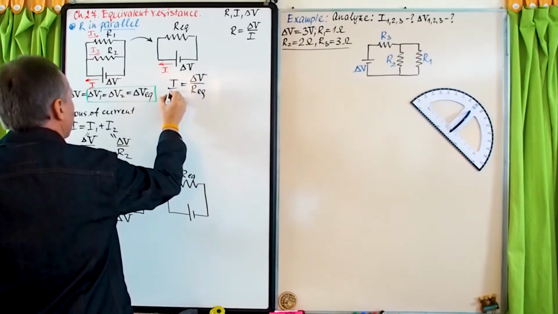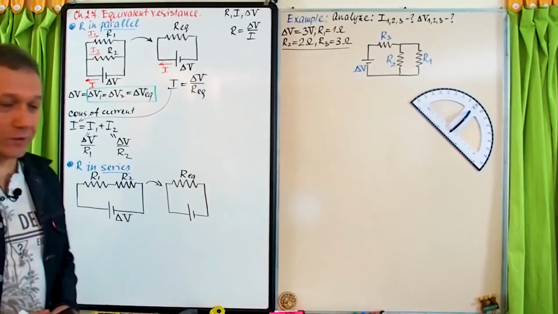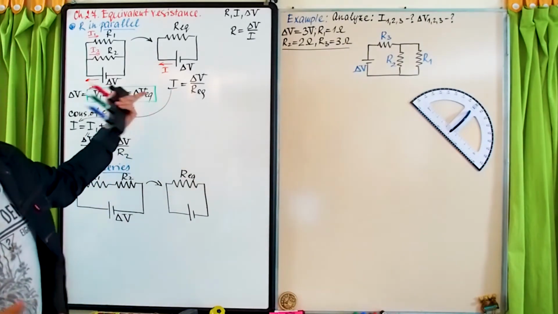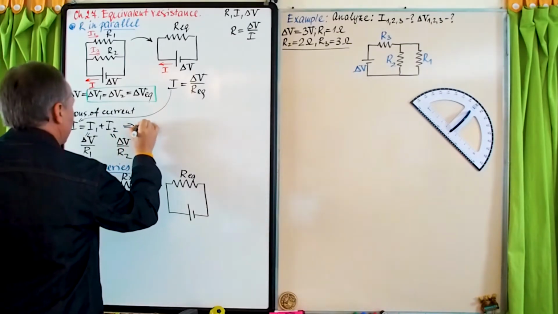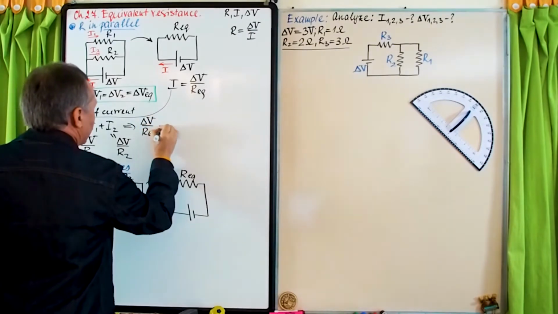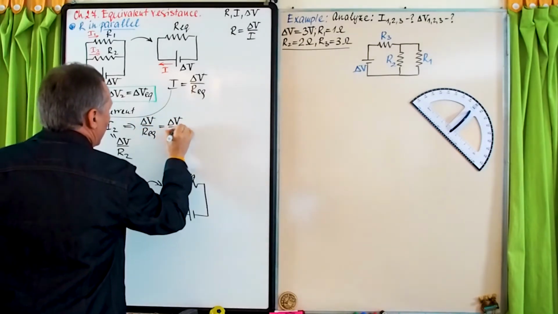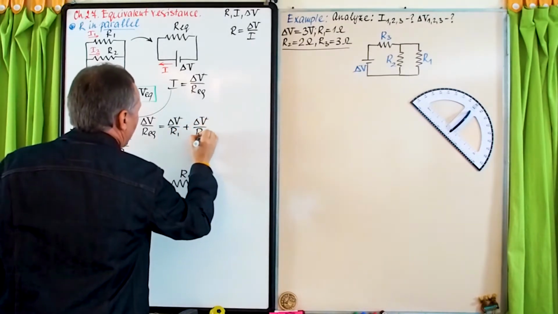So we can use this. Let me drag this into this side. So now let's just rewrite using these substitutions. And as a result, we will finally get the formula. So delta V over R equivalent equals delta V over R1 plus delta V over R2.